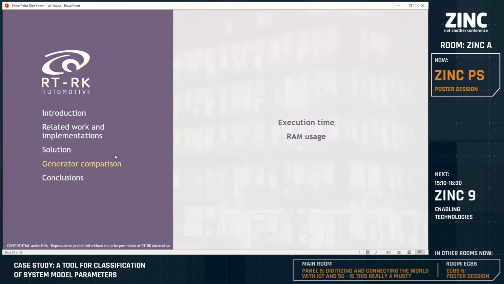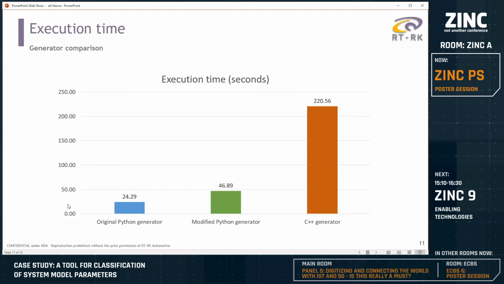And next up is execution time and RAM usage. As can be seen on this slide, the execution time of the C++ generators is significantly longer than those of Python generators. The reason for that is the differences in variables between Python and C++, the process of translation to C++.